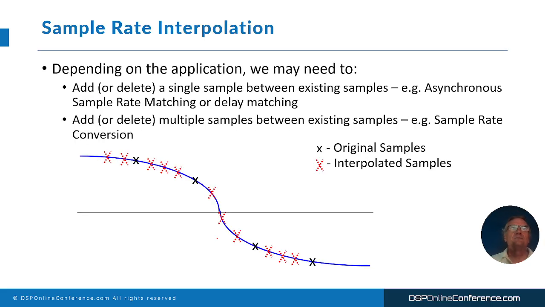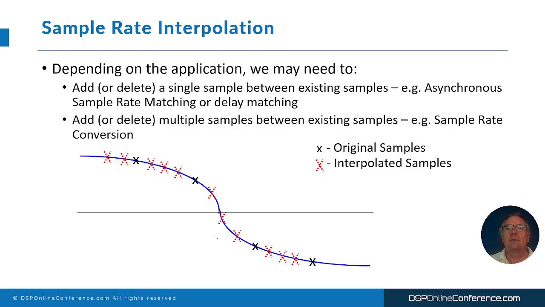Okay, so fractional delays. Depending on our application, we might need to add or delete single samples between existing samples or multiple samples between our original input samples. And how we go about doing that and the algorithms we use is very dependent on the actual application requirement.